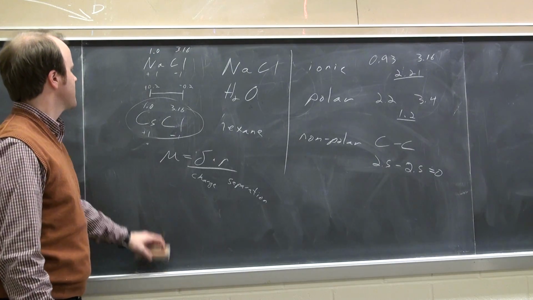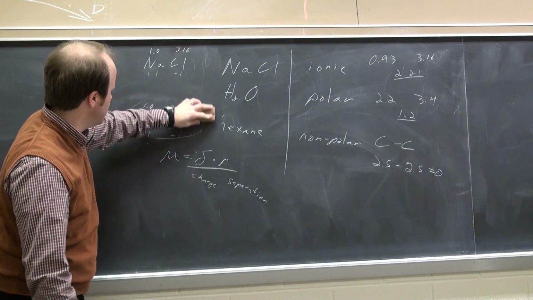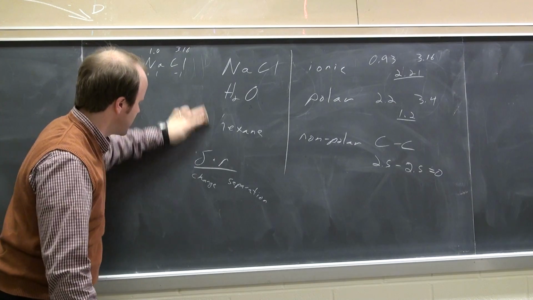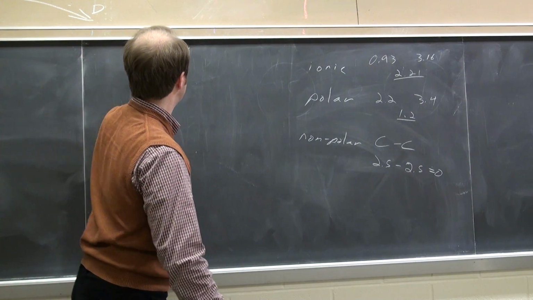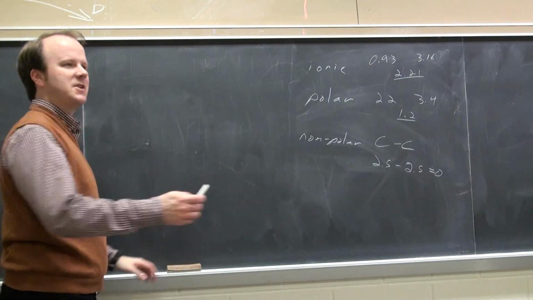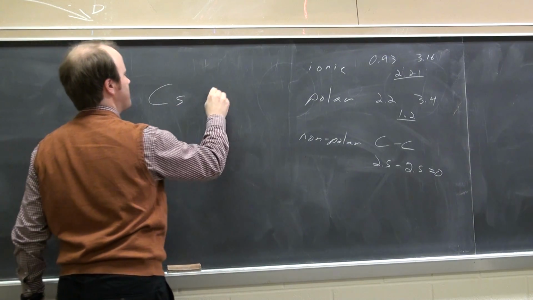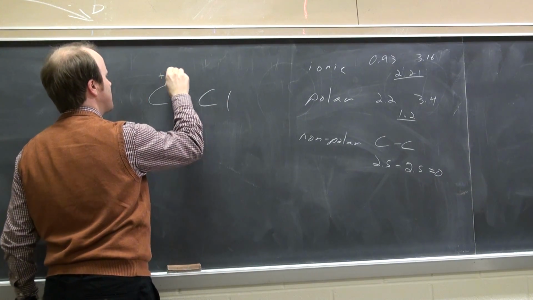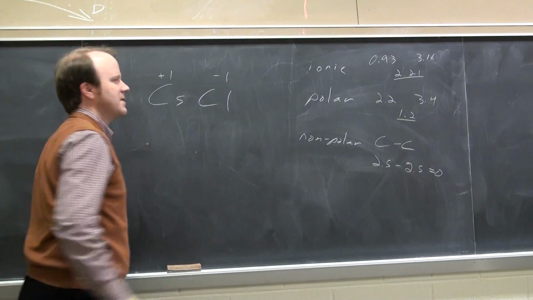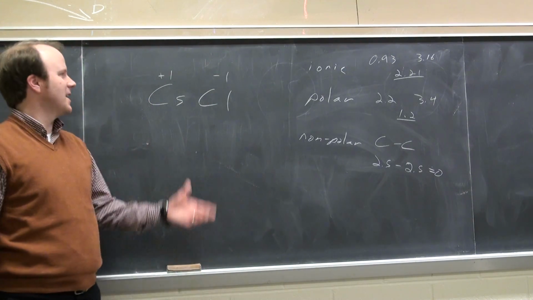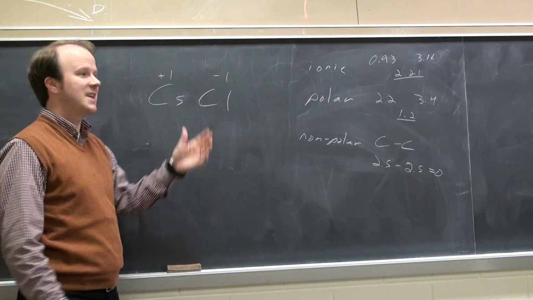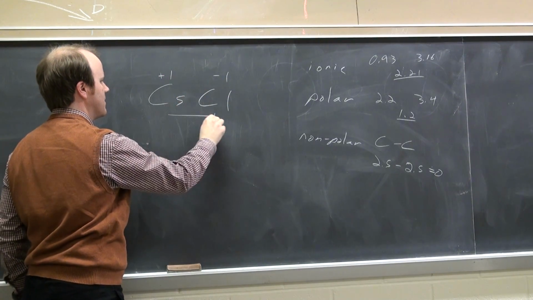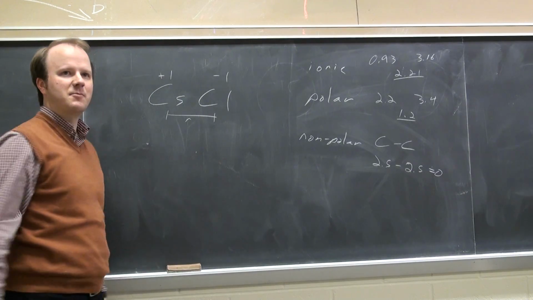So the charge, in the simple experiment, let me just erase this for a sec. The simple assumption when you think about cesium chloride is cesium is +1, Cl is -1, right? And so we can take this as a simple estimate of the charge, and then all we need to know is the separation distance.